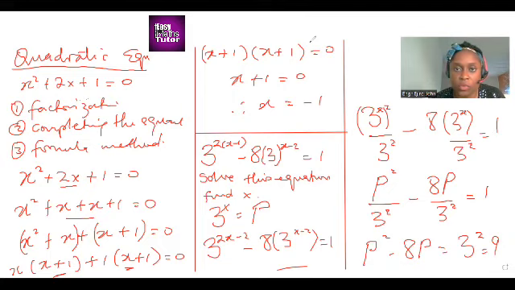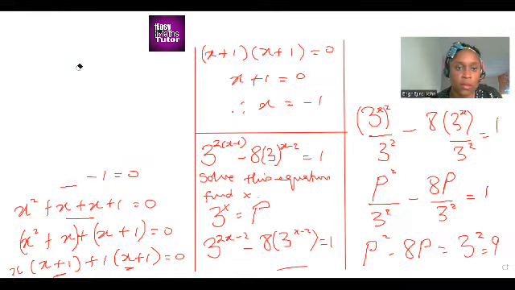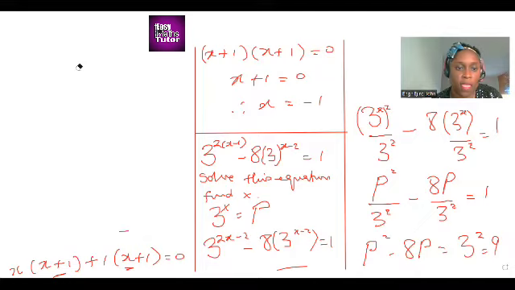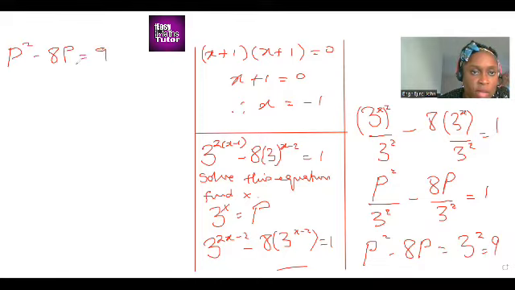So I'm going to quickly erase this part so that we can complete our problem. We have a quadratic equation right now: p squared minus 8p equal to 9. Rewriting it further, p squared minus 8p minus 9 equal to 0.